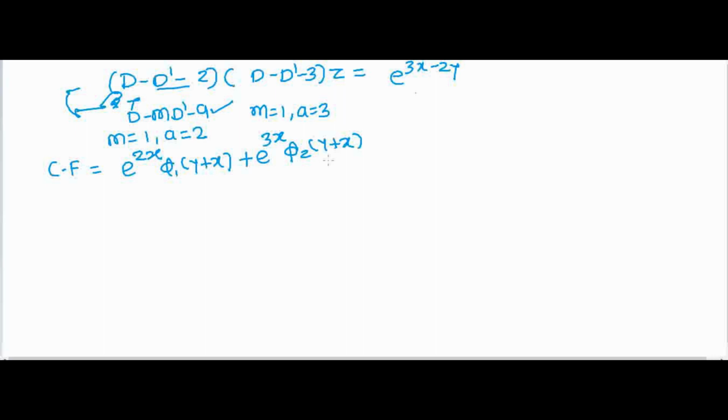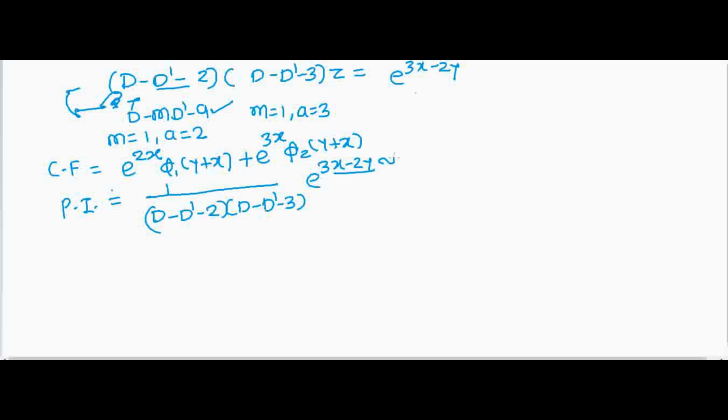And the particular integral. To find the particular integral, the method is similar: 1 divided by, write down this factor, D minus D dash minus 2 into D minus D dash minus 3 operating on e raised to 3x minus 2y. Compare this with ax plus by.